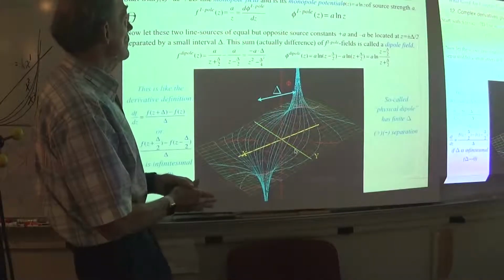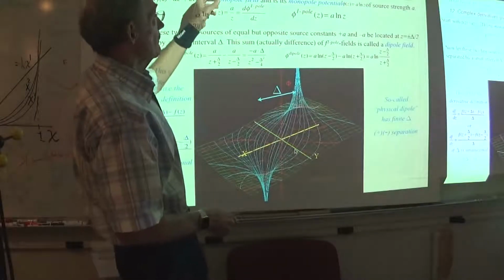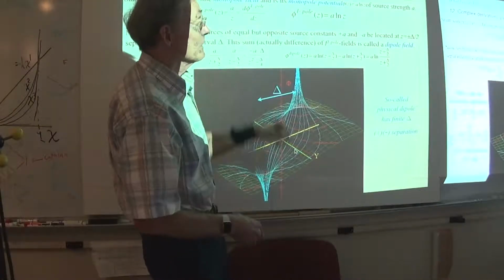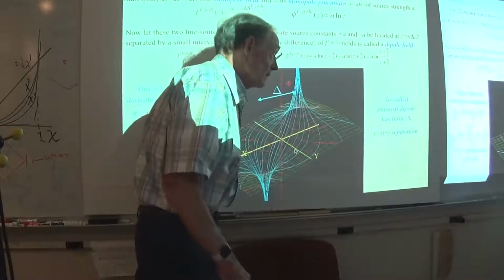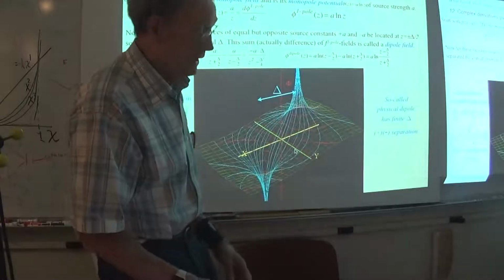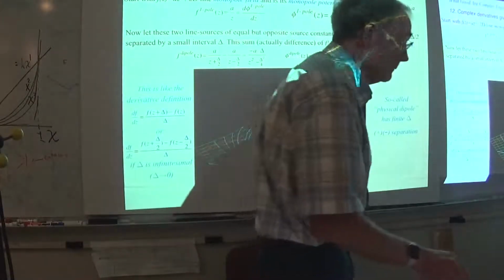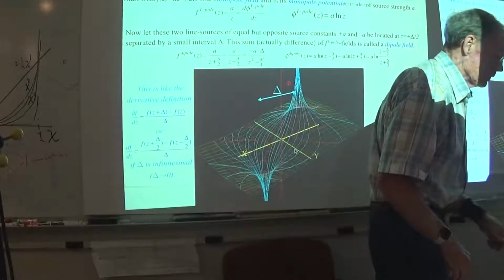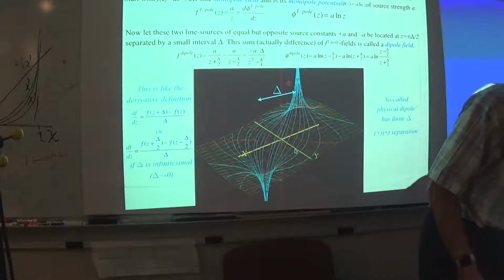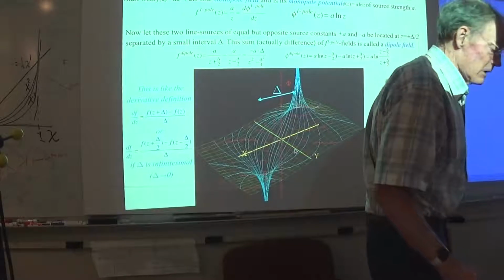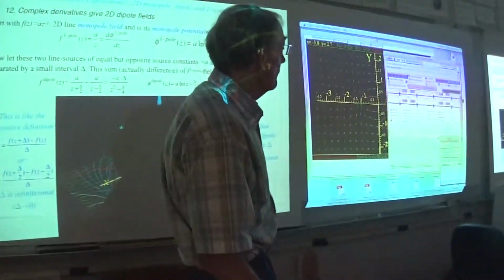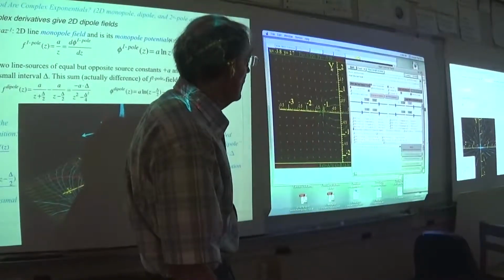So the whole idea of a complex derivative: taking the derivative of a monopole gives me a mathematical dipole, a field that we'll look at in some detail here. So let me switch over. Unfortunately, even though the internet system for the university is completely hosed at this moment, we've got all this. This is an old program that sits right on the old computer, so we can do this fairly easily.